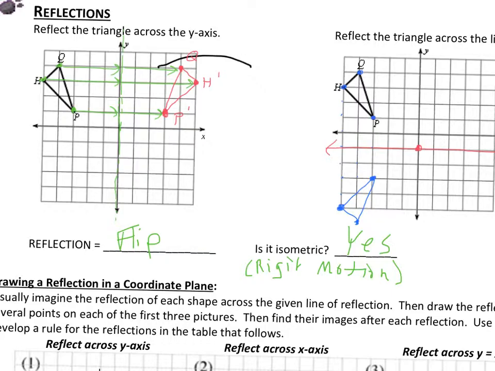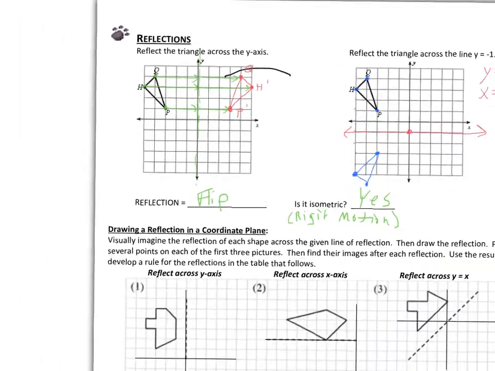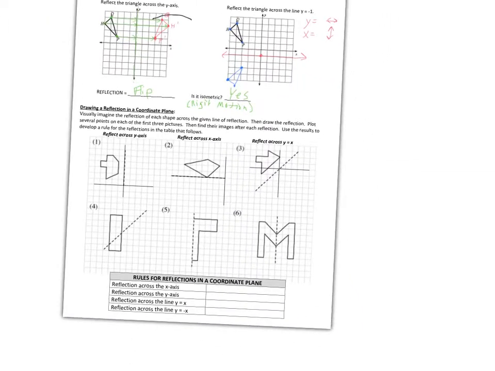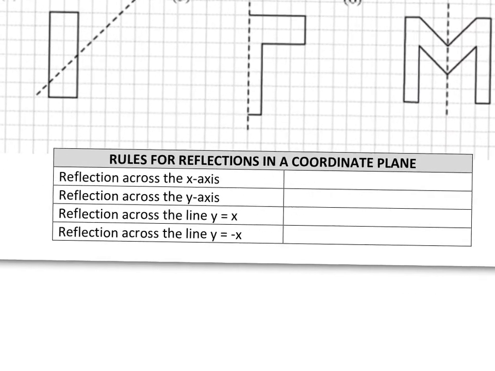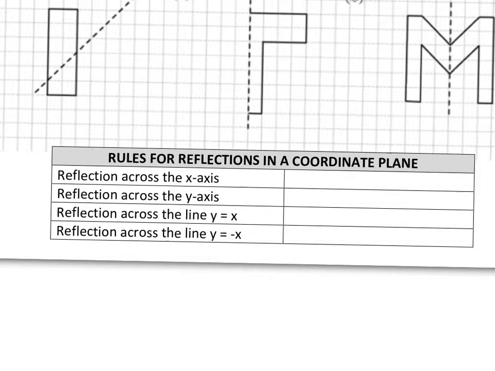Okay, the next one I would like to first bring to your attention this right here. We're going to fill out this little chart first before we begin. When we reflect across the x-axis, if we're on a coordinate plane, then we keep the x the same, but whatever our y-coordinate is, we make it negative.